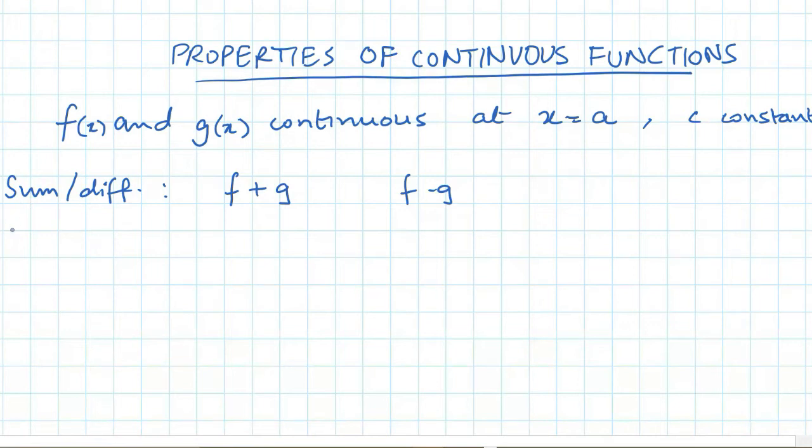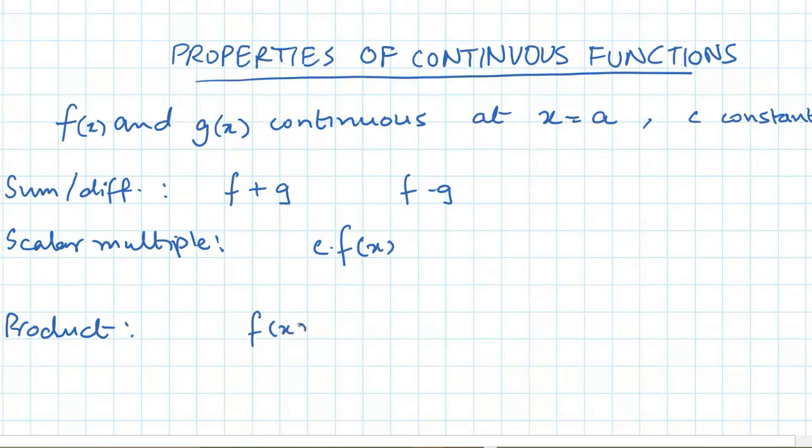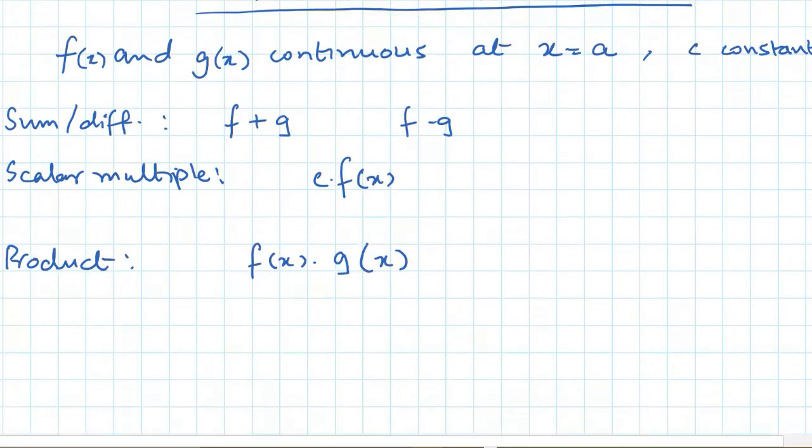And scalar multiple. So c times f of x, right? That is also continuous, or the product of the functions. So f of x times g of x. This is also continuous at x equals a.